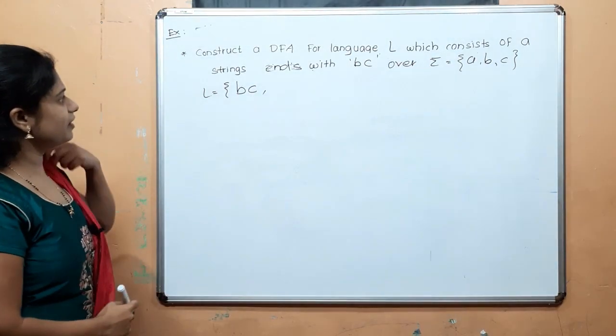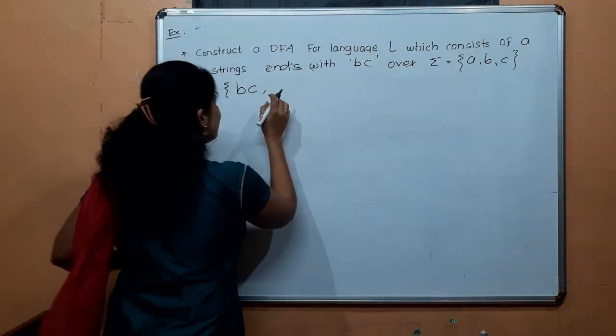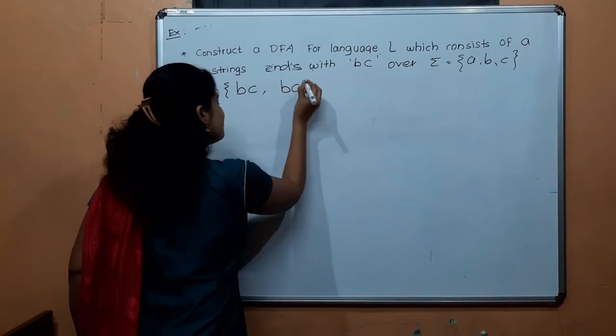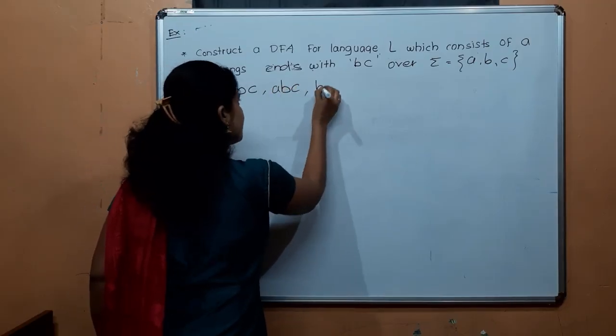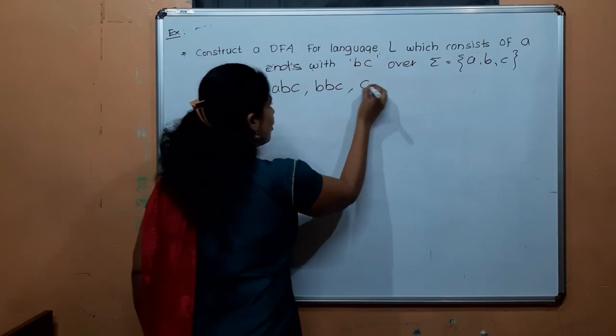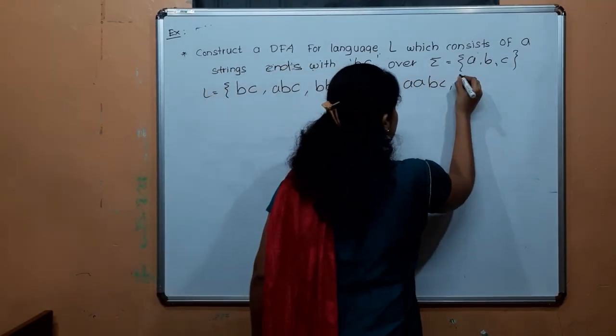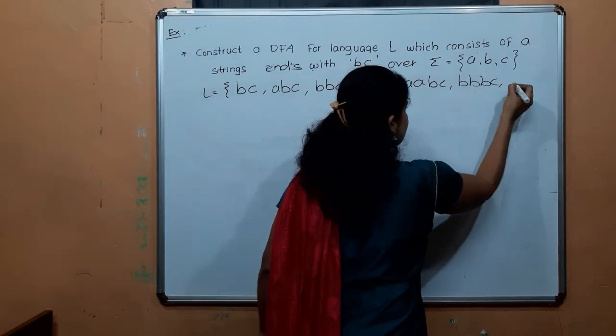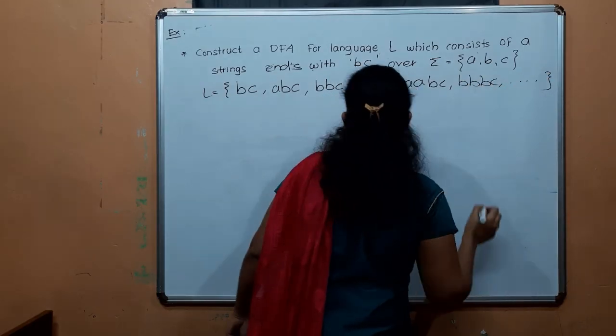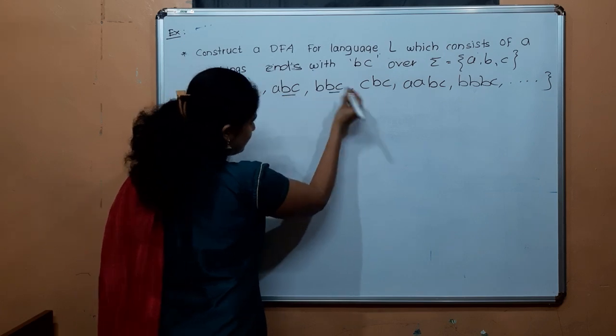Therefore, the minimum string is BC. Then the string ends with BC, and it starts with either A or B or C, or the combinations A, B, B, B, C, and so on. Only the condition is that the string ends with BC.